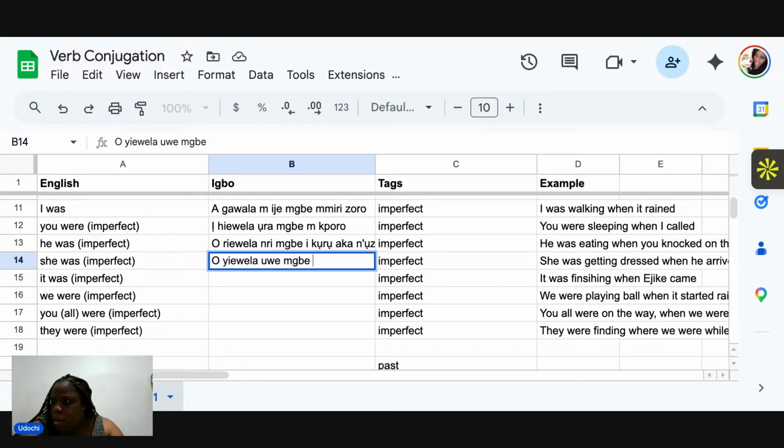I can't do the dot under the O. When he arrived, what is arrived in Igbo? Is it lota? Lota is returned, but arrived is biara, right?